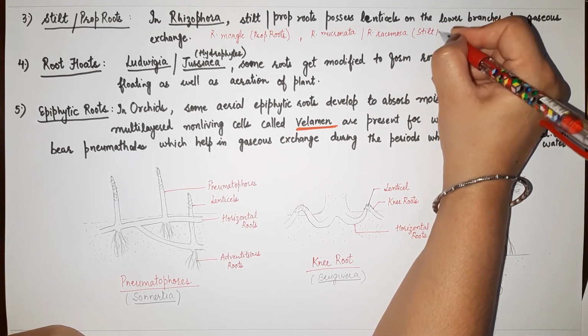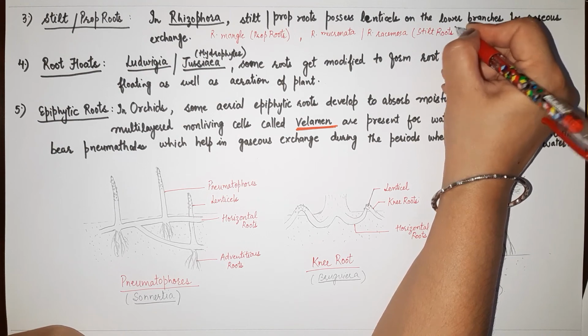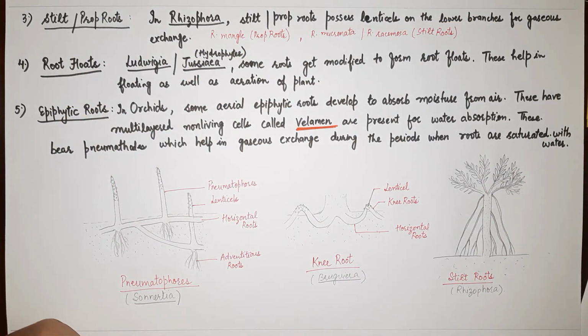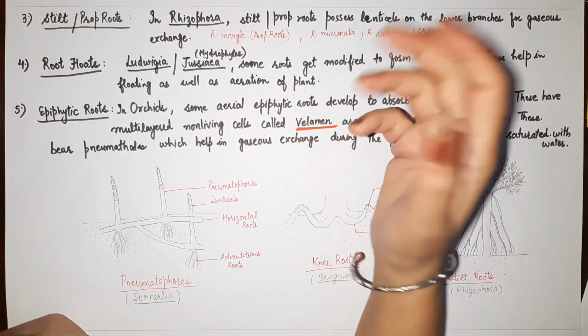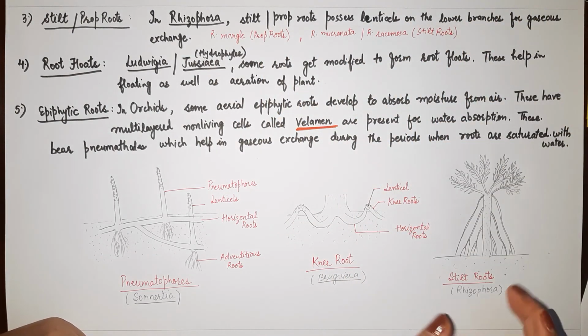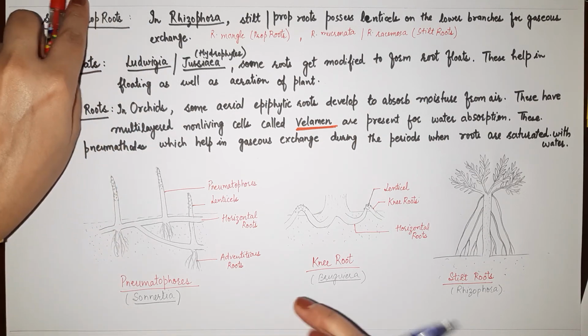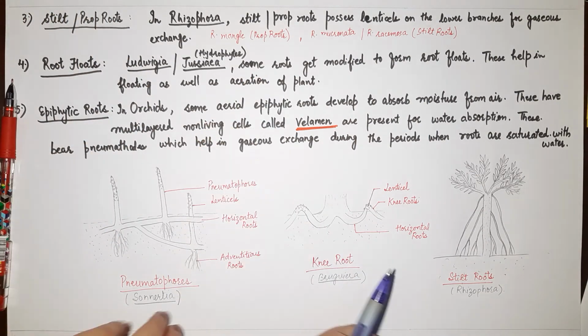Okay, so that's why we have discussed it under a common heading, as the different species in case of Rhizophora, they have different kind of supporting roots with them. So we have drawn stilt roots here, and the last type, that was the root floats.